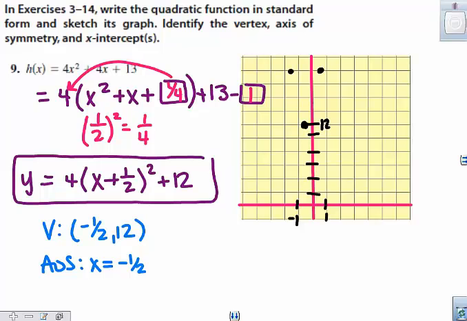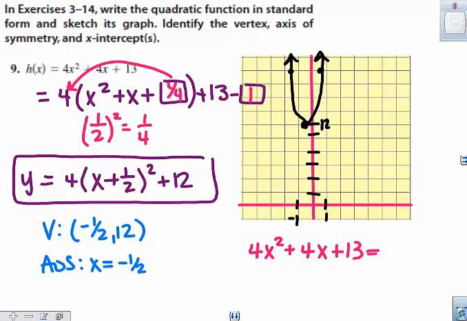That's going to take me off my graph. 3 points is enough to sketch, so you can just use those 3 points. Notice there are no x-intercepts. So when you go to find your x-intercepts after graphing this, you should realize these are going to be imaginary because that doesn't cross the x-axis.